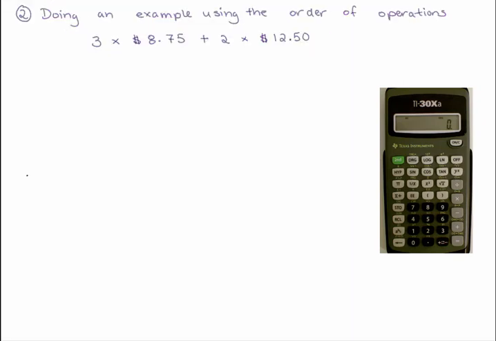So when we see an example where we know that we need to use the order of operations, there are a couple of ways that we can do this. I will mention that typically you're going to be asked to do the order of operations using pen and paper, and then you will also be asked to do it using the calculator.